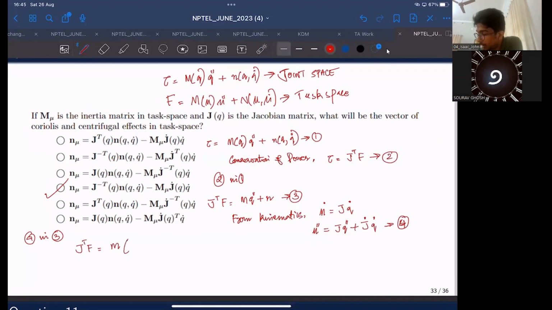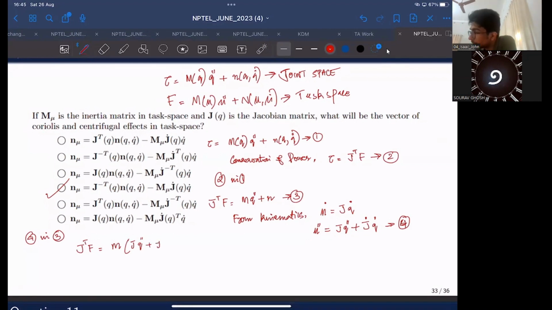So that would be J of Q double dot, right, plus J dot... sorry, it's a slight mistake.